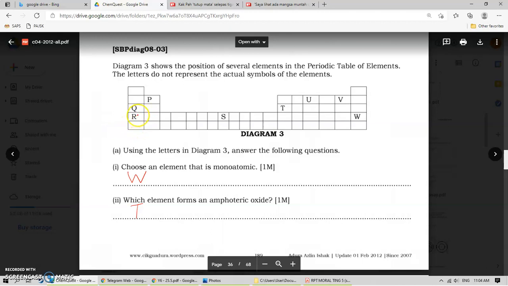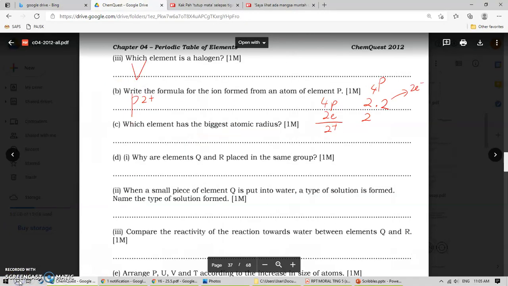Now which one is the answer, R, S or W? We have learned that when we go across a period, the size of atoms decreases. That means between R, S and W, R would have the biggest atomic size. So the answer is R.